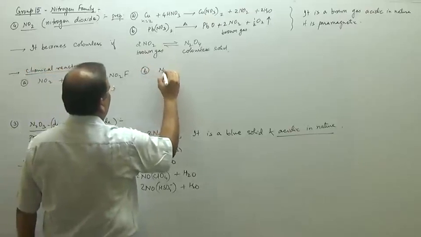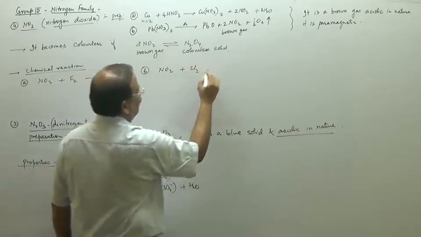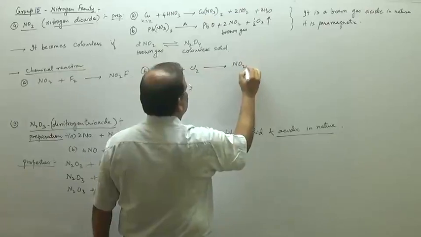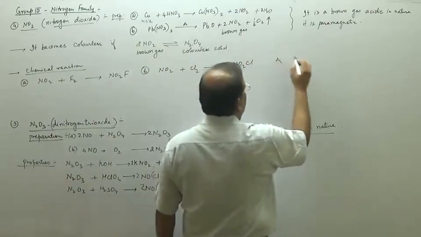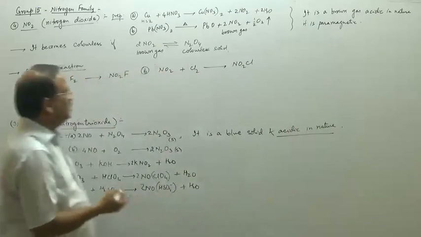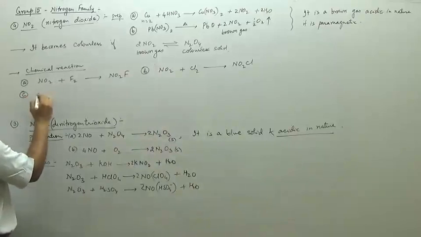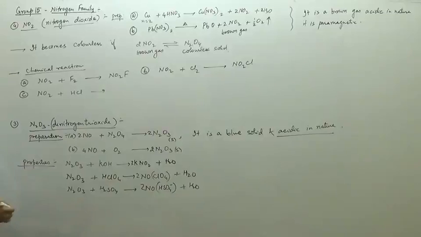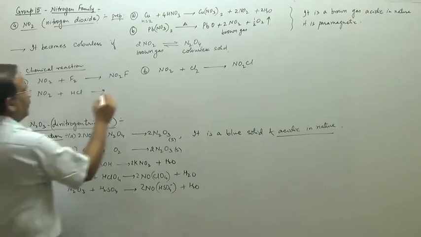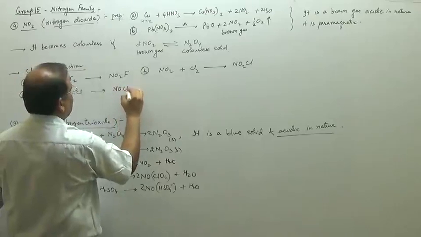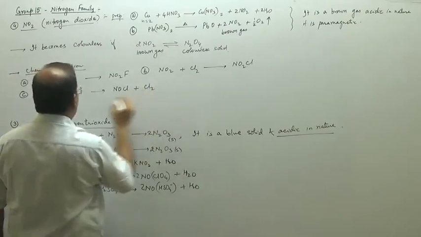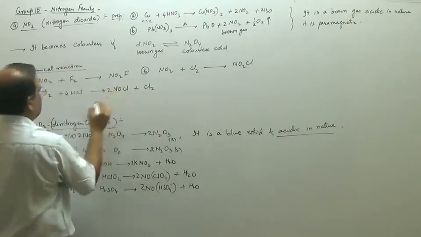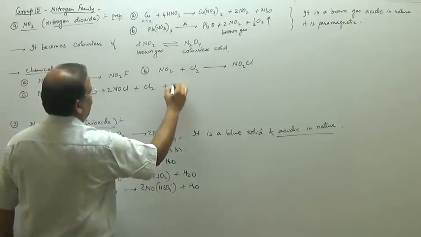NO2 with Cl2 is going to form NO2Cl. And NO2 when it reacts with HCl is going to form NOCl plus Cl2.